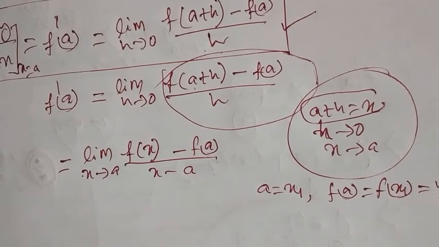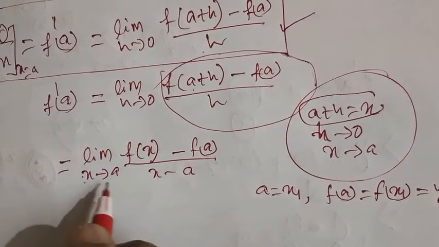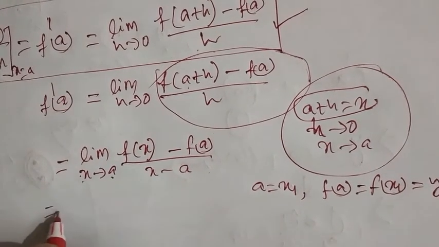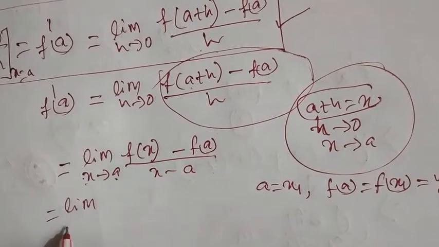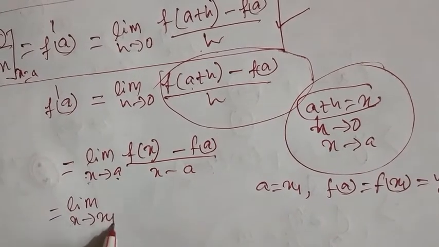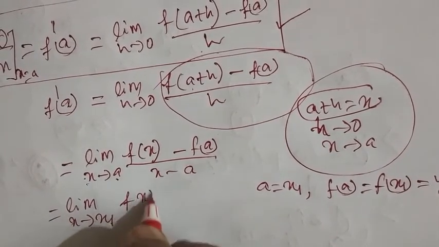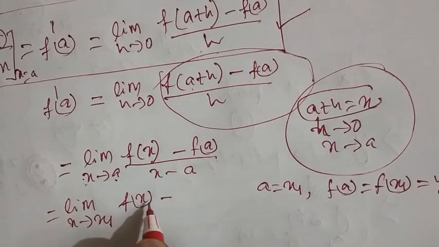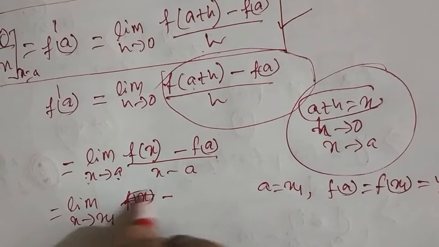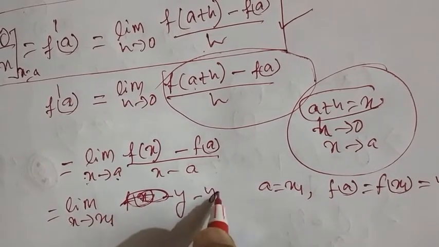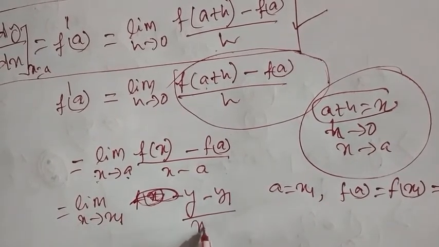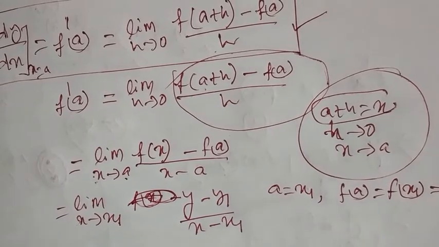I am simply changing the names of the constants. And when x tends to a, I can write limit x tends to x1 of f(x) minus f(x1). Can I write f(x) as y? So I write it as y minus y1 by x minus x1.